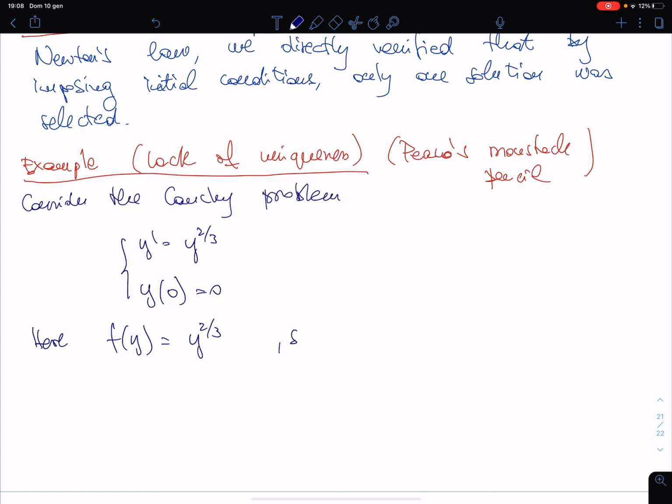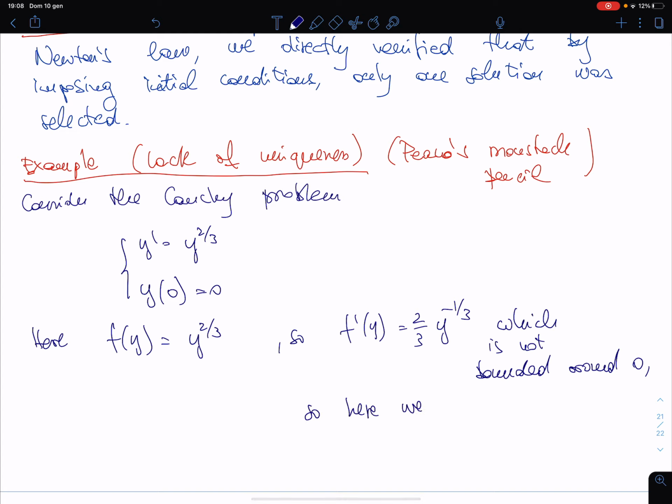And so f prime of y is equal to 2/3 y to the minus 1/3, which is not bounded around 0. So here we are outside the realm of the theorem of existence and uniqueness.